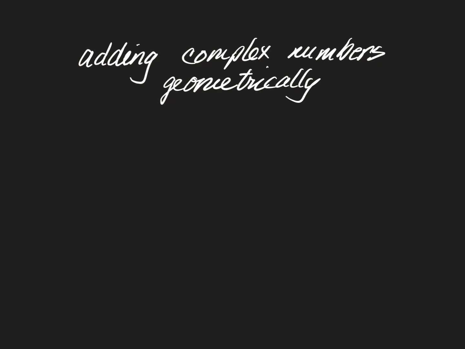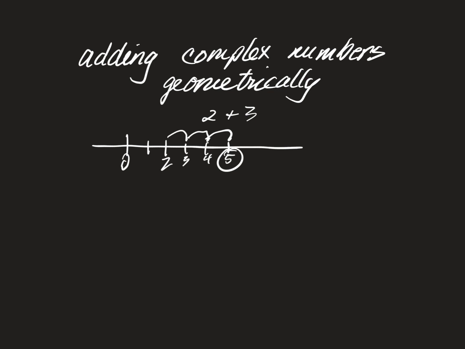Now, just like we did the absolute value, if you look at the number line, suppose we want to find 2 plus 3, then we would go to 2, and then we would add 3, which would be 3, 4, 5, and that would tell us 2 plus 3 is equal to 5.